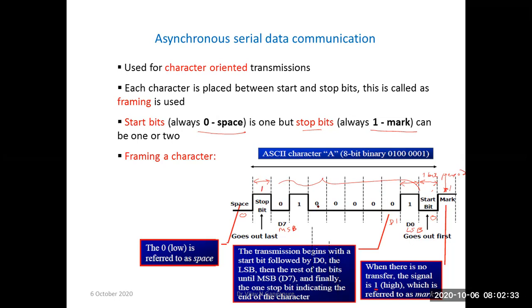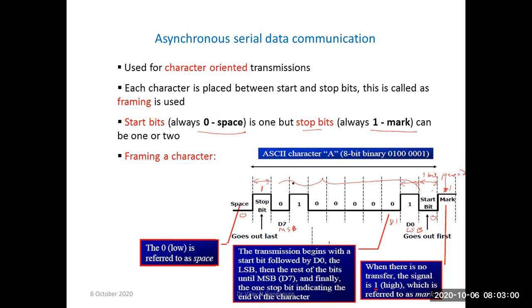So the total number of bits transmitted on the serial channel or serial port will be 10. These character bits are 8 plus 1 start bit and 1 stop bit. So a total of 10 bits will be transmitted, and these 10 bits are used to transmit 1 byte of data.